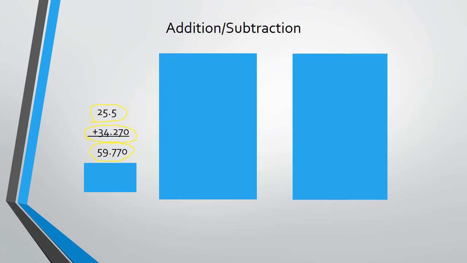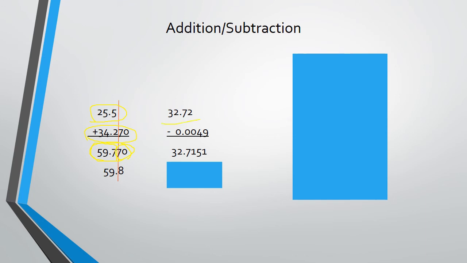So 3 significant figures means we need this part, except that this part has to be rounded. The digit on the back is 7. This 7 becomes 8, and these 2 become 0. So the final answer would be 59.8.